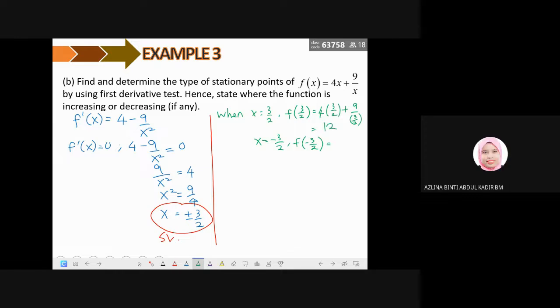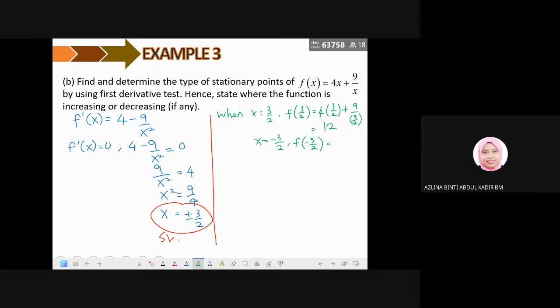When x equals negative 3 over 2, f(x) is negative 12.